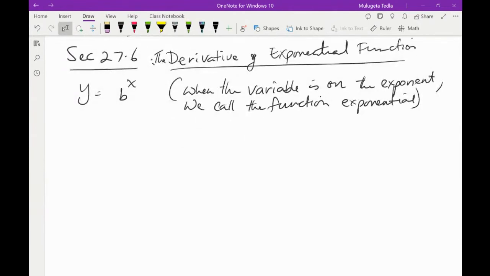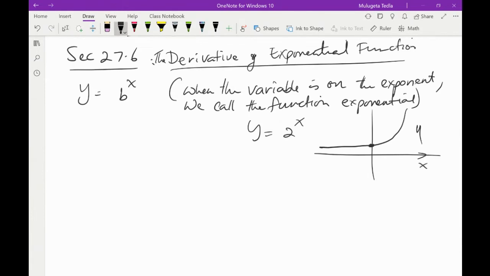So this kind, like for example, y equal to 2 to the x is an exponential function. Its graph is always at 0, 1, you know, it's always like that. When you increase x, the y will increase indefinitely. And when x is very low, if you go to the left, then the y is never below 0, but it is almost approaching the x-axis.